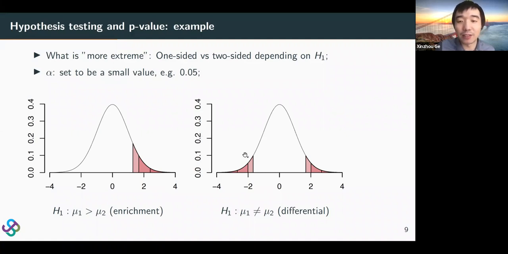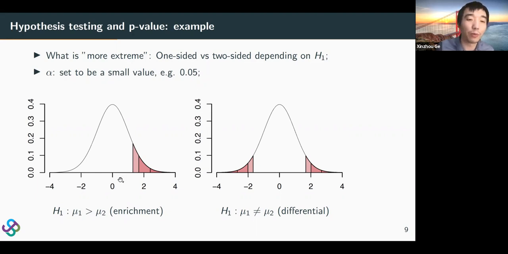Then we look at the proportion of the tails according to the definition of more extreme, and we get a p-value. Finally, we compare the p-value with the significance level alpha, which is a preset small value, for example 0.05, to make our conclusion. For example, with one gene, we get the values from the two conditions, calculate the t statistic, get its p-value, and compare that p-value with the 0.05 threshold.